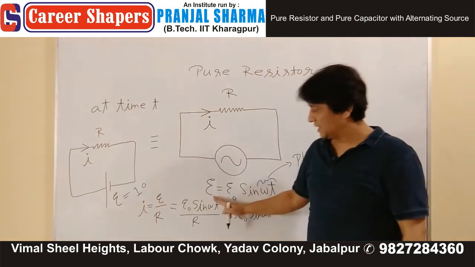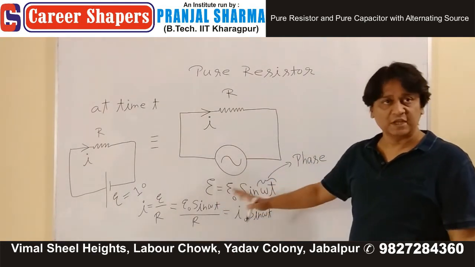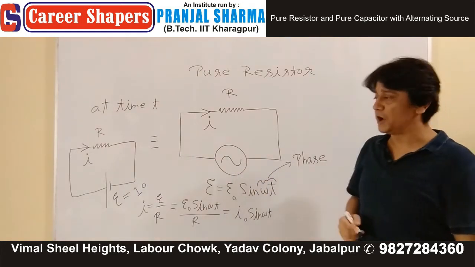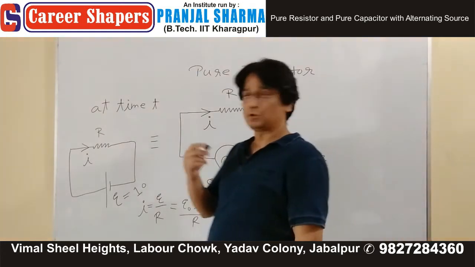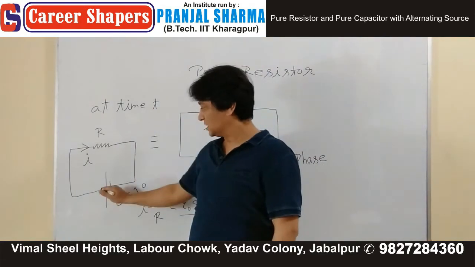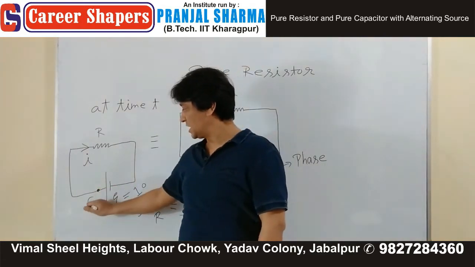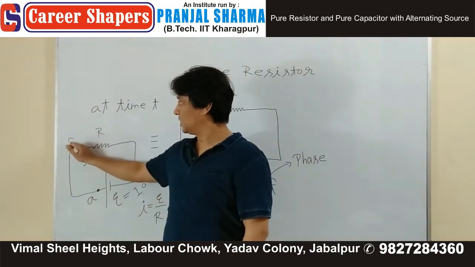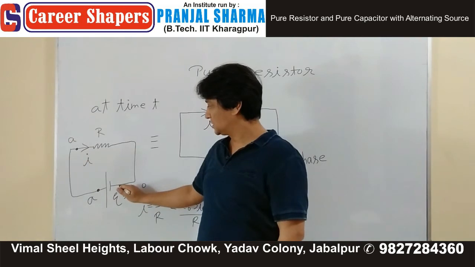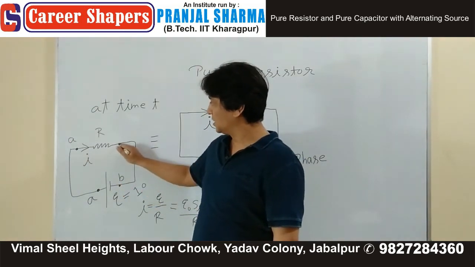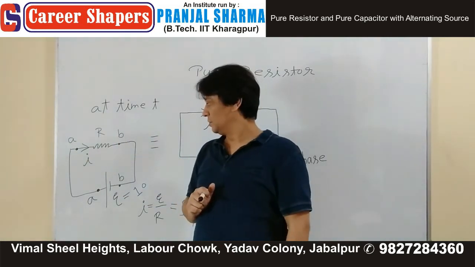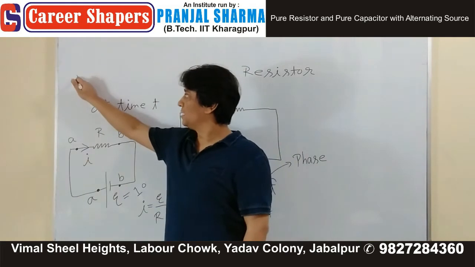When you say E, what is E? EMF of the source. But from the point of potential technique, you also know this. If this terminal is A, then this is also A. If this terminal is B, then this terminal is also B. What is VA minus VB?